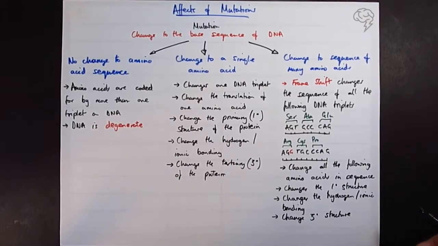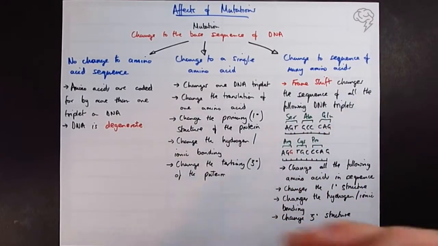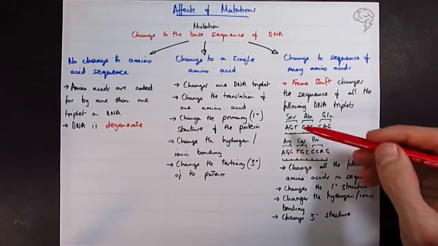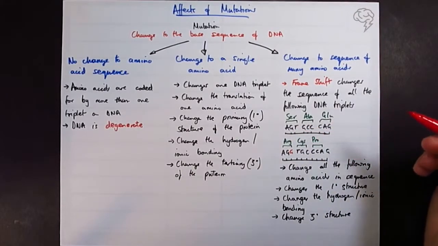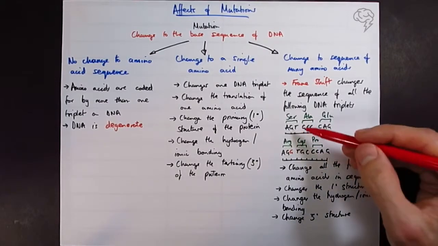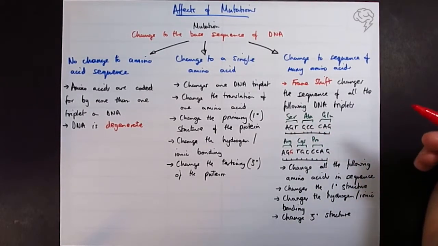So the protein or polypeptide is going to fold differently. So this is going to result from anything that creates a change in the number of nucleotides that isn't a multiple of 3. So if you add or remove 6, then it's not going to have such a major impact as doing 5 or 7, because it's going to change the sequence of all the nucleotides that follow.